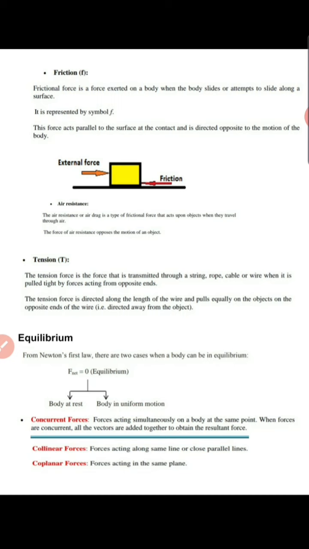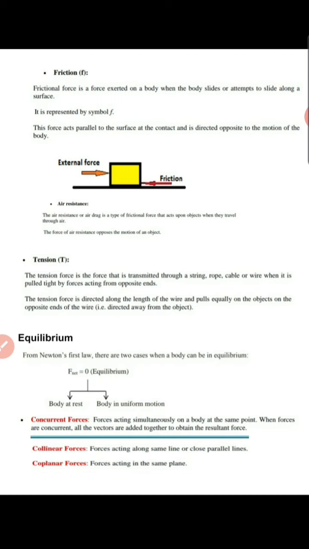Air resistance also is a frictional force that acts upon objects when they travel through air. All these forces, that's what we have to keep in mind, are of electromagnetic origin. We are not proving that, but we take it for granted. That means all these forces are of electromagnetic nature.